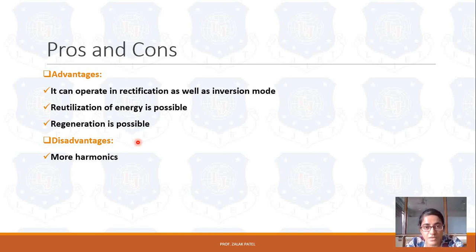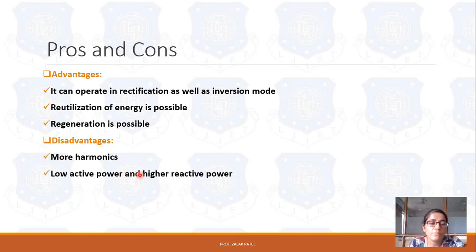That means the harmonics divided by the fundamental component value is considered in the harmonic factor, and for the full converter this HF value is more compared to the HWCR, as well as the semi converter. So it is a limitation of this full converter that more harmonics are there.